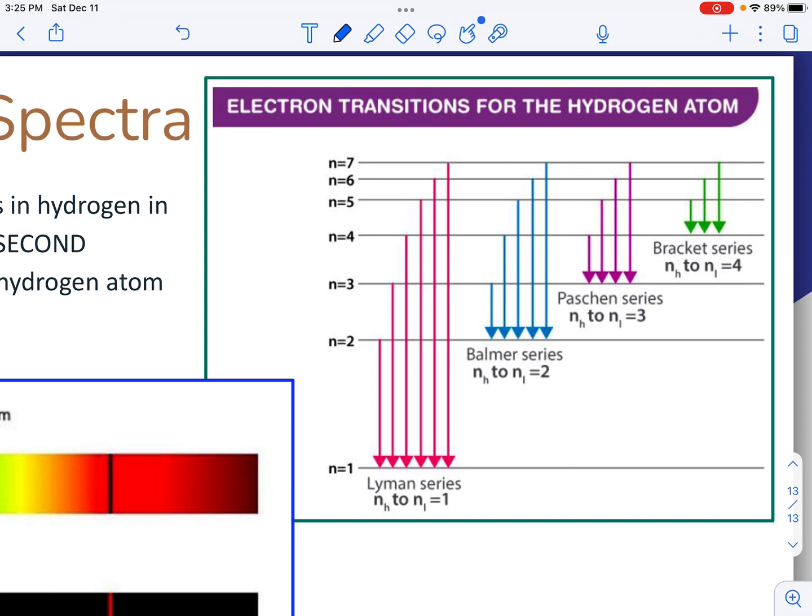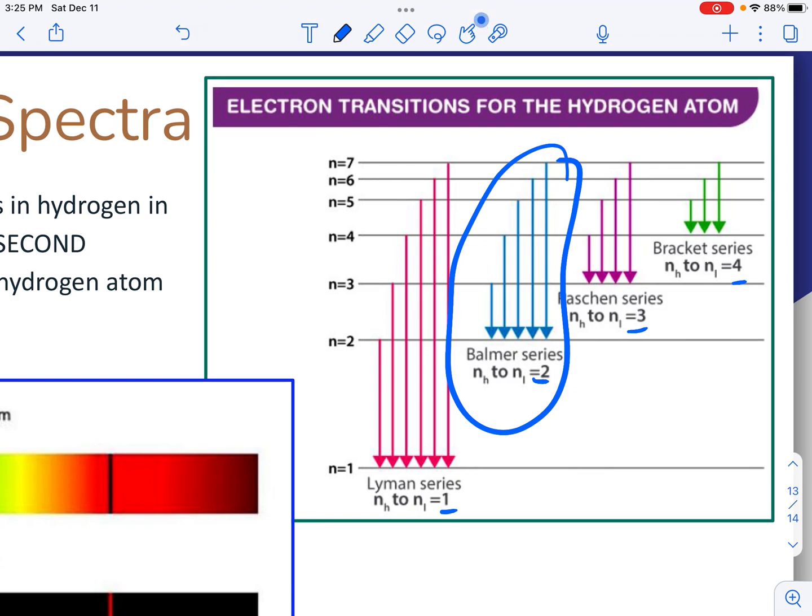But actually there are this many transitions of the electron in the hydrogen atom. And so we can see that, and maybe even more, because we could also go from 7 to 5 or 7 to 6, etc. And each of these, we call them different series because they're coming down to the same energy level. The only ones that are visible are the ones in the Balmer series.